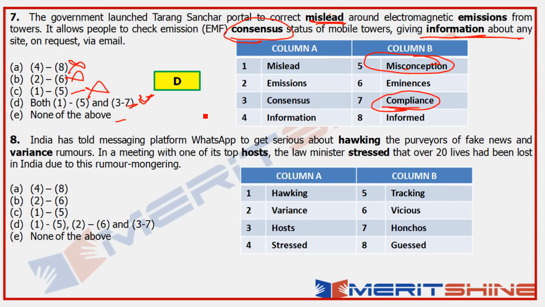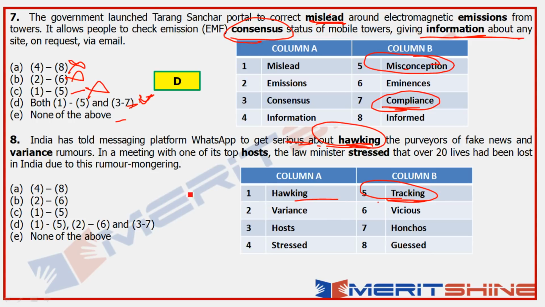Now, next question number 8. India has told messaging platform WhatsApp to get serious about hawking the purveyors of fake news. Now, hawking, serious about hawking the purveyors. What is the option here? The option here is tracking the. So between hawking and tracking, tracking makes more sense, right?